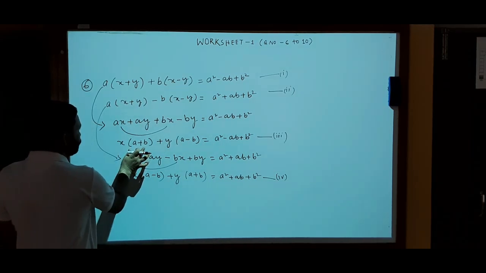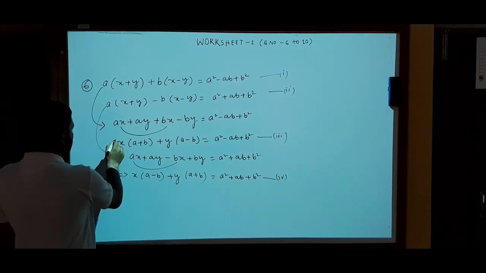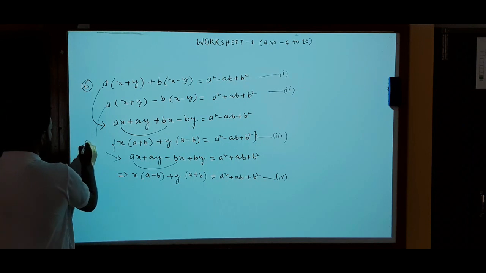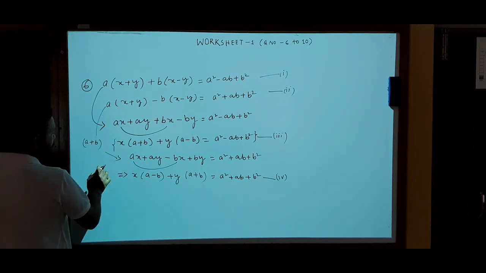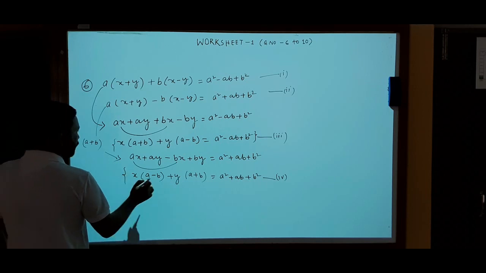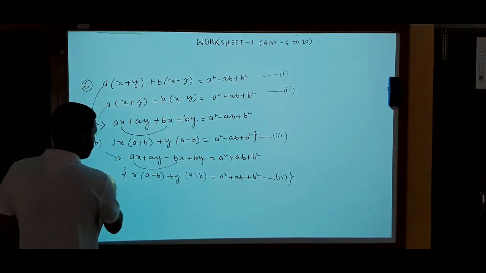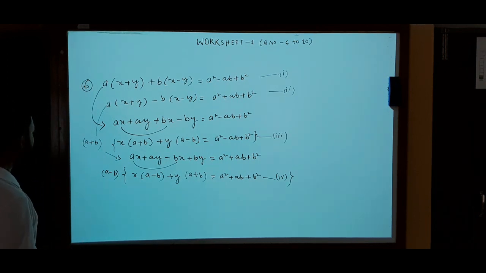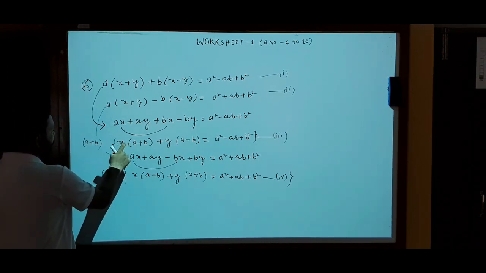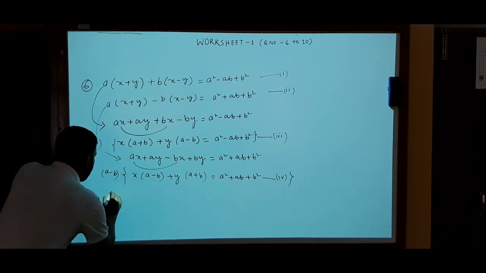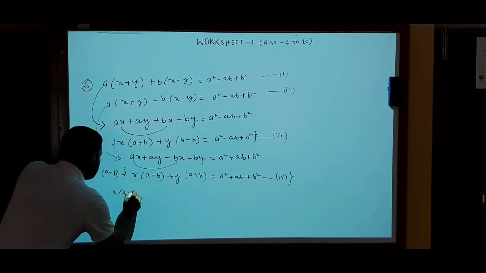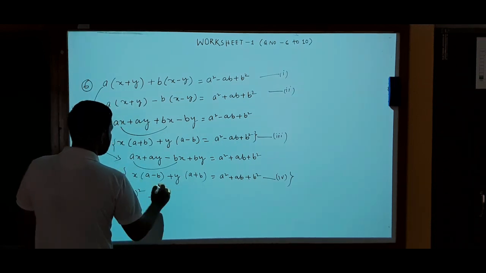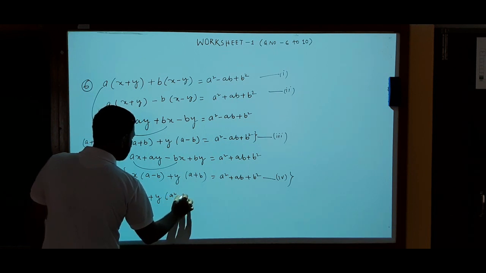If I multiply a plus b with this entire equation, and this entire equation I have to multiply with a minus b. Correct? Now a plus b into x into a plus b, so I will get x(a + b)². Here y(a + b)(a - b), I can write a² - b².